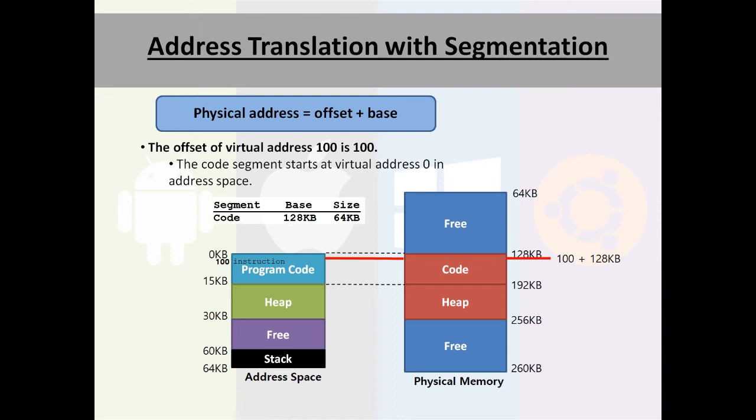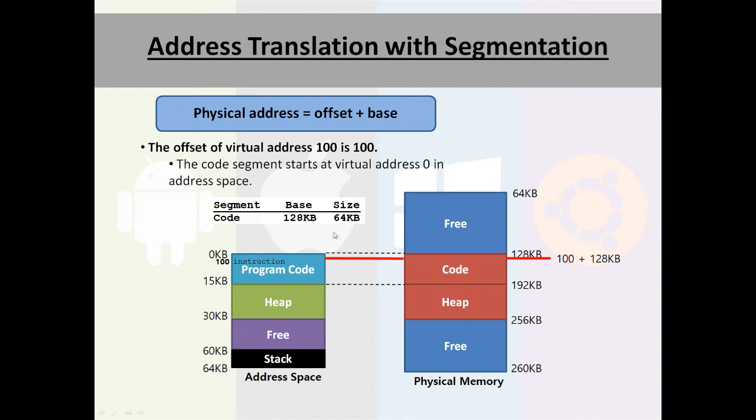Now, the offset of hypothetically virtual address 100 is 100, and on the next slide I'll explain how this works a bit better. The reason is that if the virtual address is 100 and the code segment starts at virtual address 0, then 0 plus 100 is obviously 100.